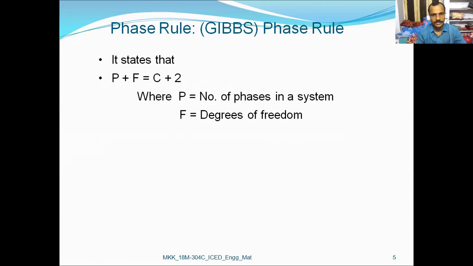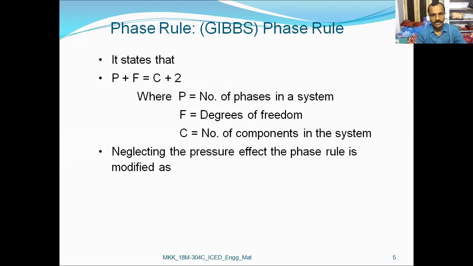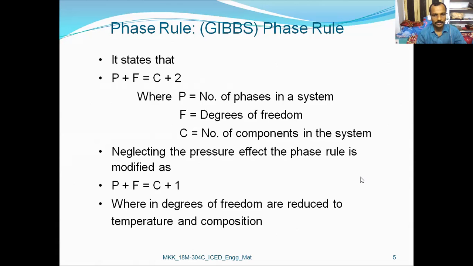F is the degrees of freedom, whereas C is the number of components in the system. So here we neglect the pressure effect. Whenever we neglect the pressure effect, then the phase rule can be modified and given again as P plus F is equal to C plus 1, wherein degrees of freedom are reduced to the temperature and composition.